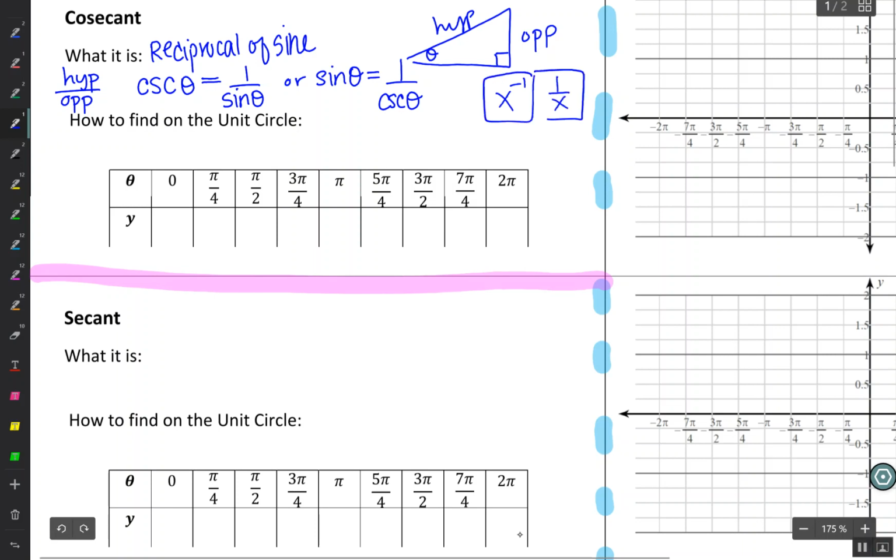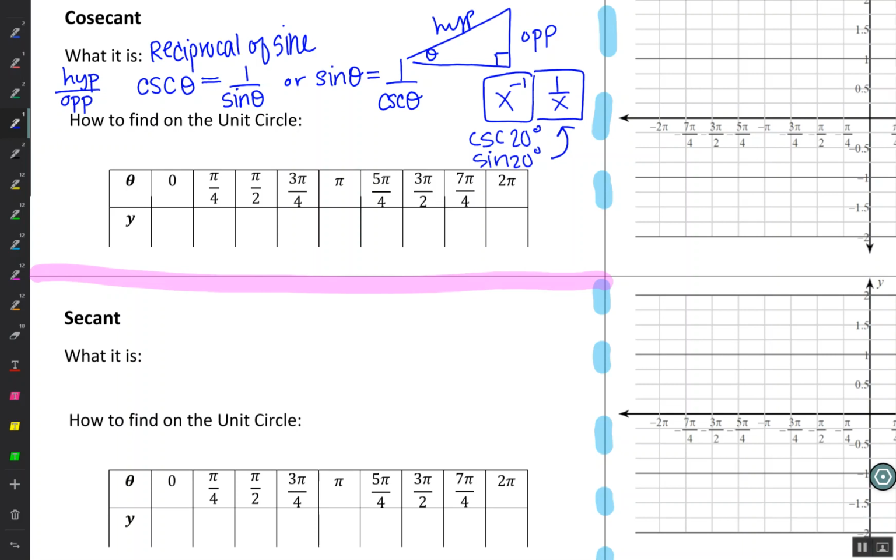These are the same thing, right? So if you want to find the cosecant of 20 degrees, you would find the sine of 20 degrees, and then you would push this button. Or you can do it manually. You can do 1 divided by the sine of 20 degrees. And that will give you the same effect.